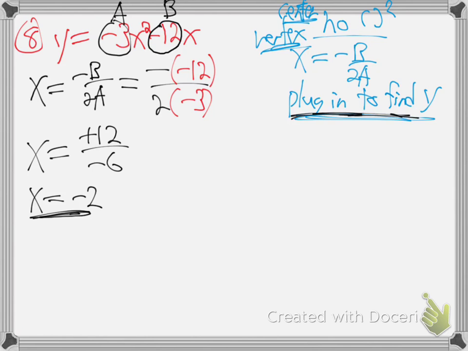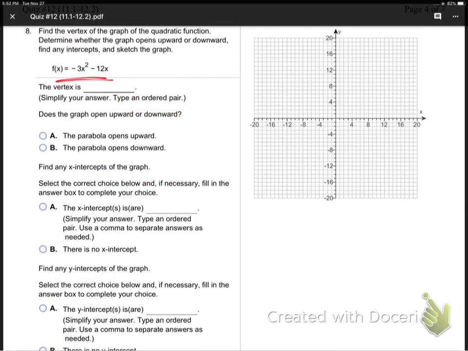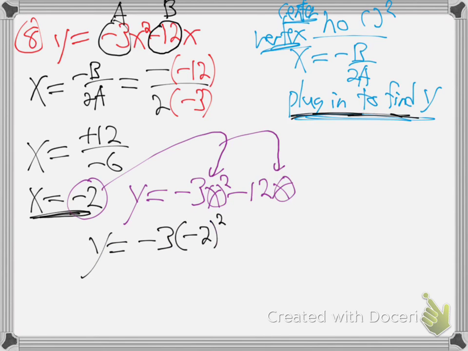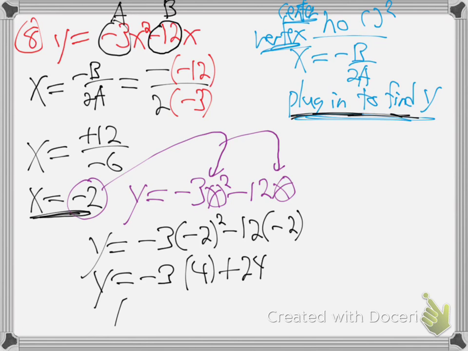So go back to the original equation, which is y equals minus 3x squared minus 12x. Plug in x is minus 2 there and there. So we get minus 3 times minus 2 squared minus 12 times minus 2: minus 3 times 4 plus 24, minus 12 plus 24.